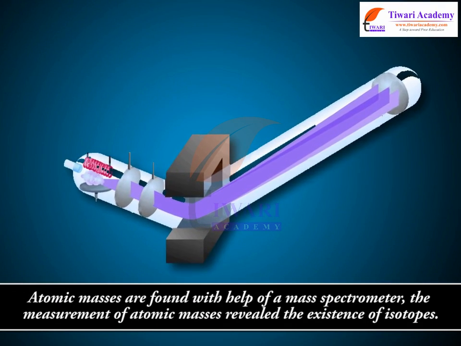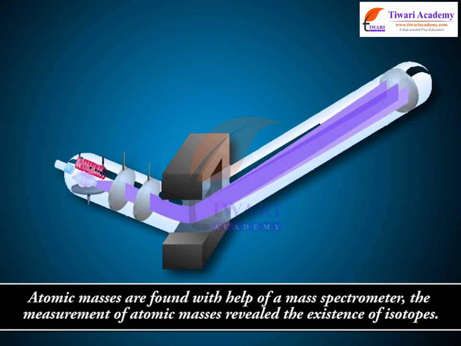Atomic masses are found with the help of a mass spectrometer. The measurement of atomic masses revealed the existence of isotopes.